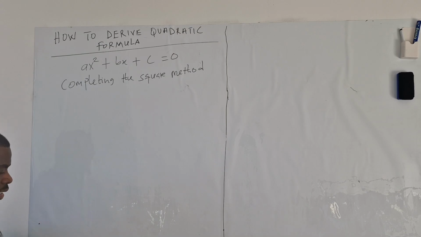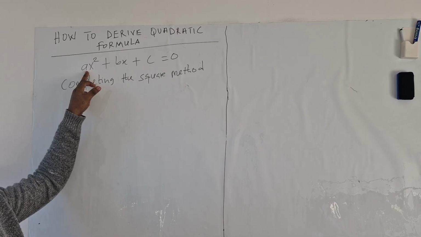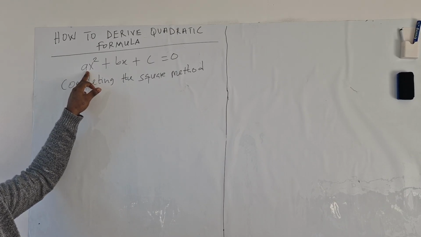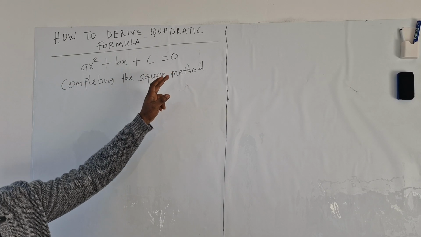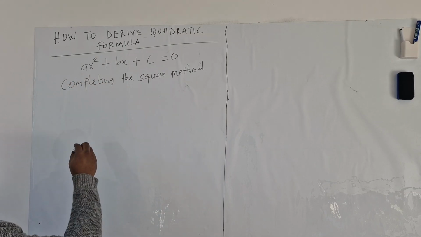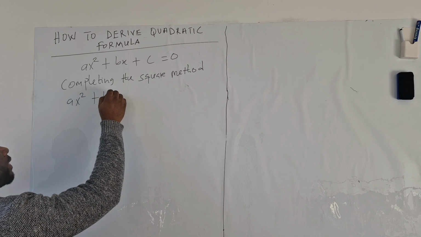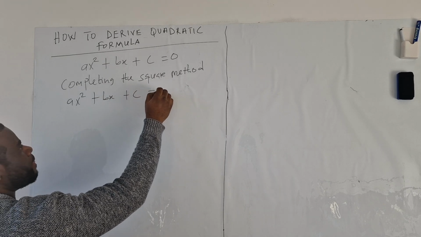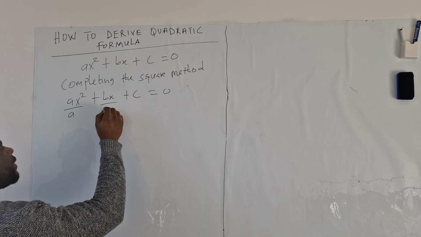Now the first thing to do here is to make the coefficient of x squared to be 1. And to be able to do that, we need to divide each term in the equation by the coefficient of x squared, which is a. Divide each term in the equation by a, the coefficient of x squared.